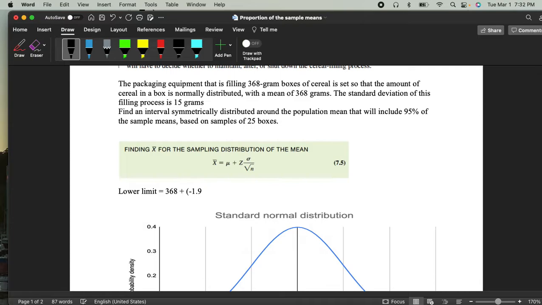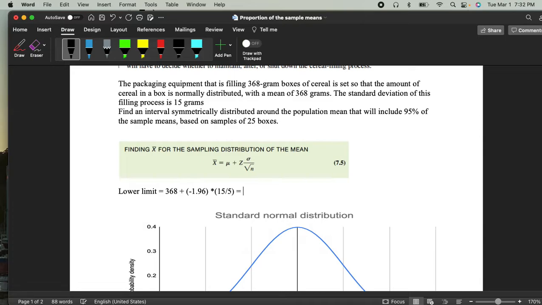We did find that out, right? 95%. Remember how we just found that out in the prior slide. So we know our z-score is 1.96, and then we're going to multiply that by our standard deviation, which tells us in here it's 15 grams, divided by the square root of the sample size, and the sample size is 25. We know the square root of 25 is 5, so we're just going to write 5 in there.